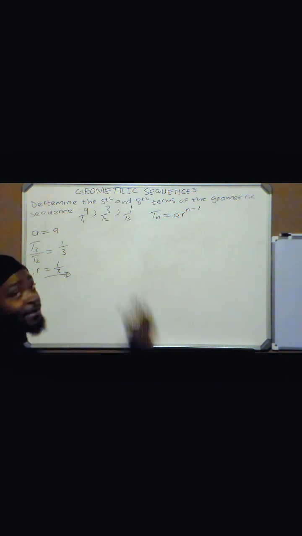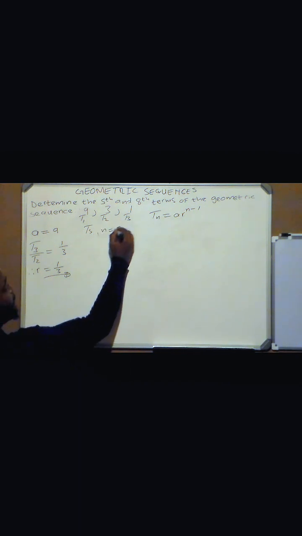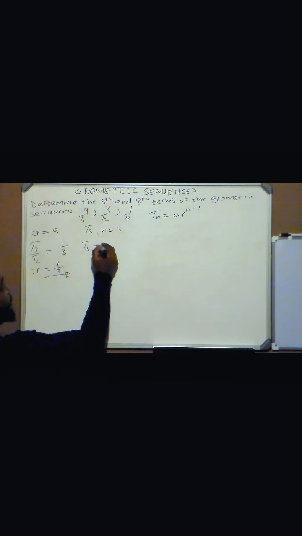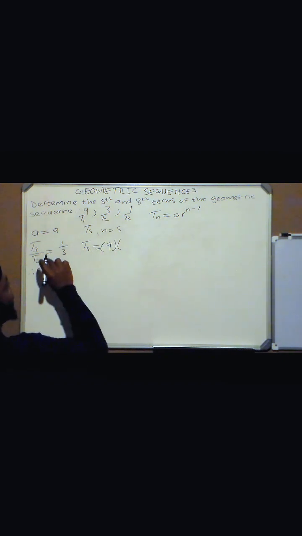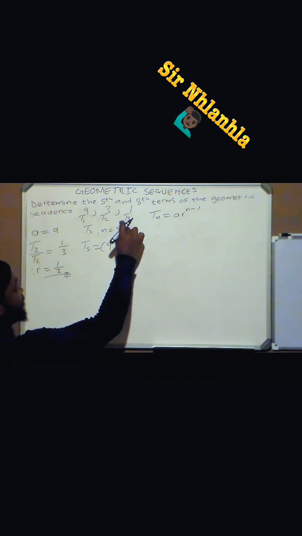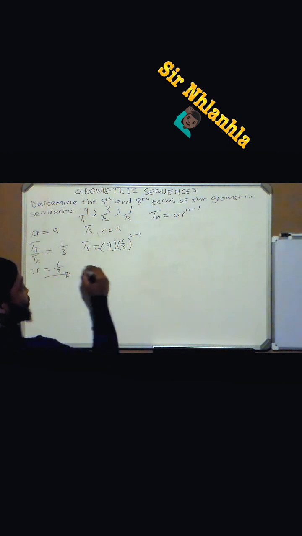So we'll begin by finding the 5th term, T5. For T5 we know that we have the n value of 5, so we can substitute into our general term equation. So T5 equals a, which is 9, multiplied by the common ratio 1 over 3. What's the n value? 5. So this is going to be to the power 5 minus 1.